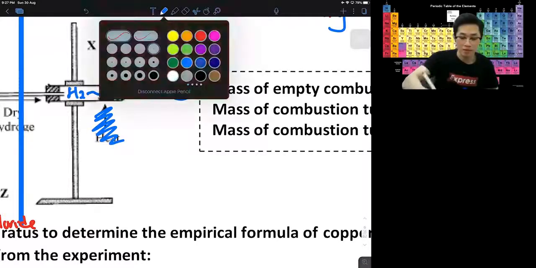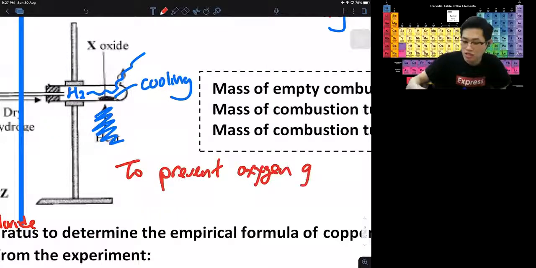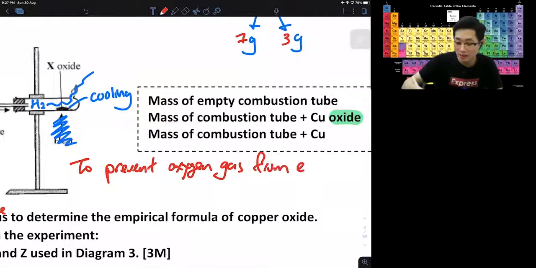Why? This is to prevent oxygen gas, or you can say air, from entering.